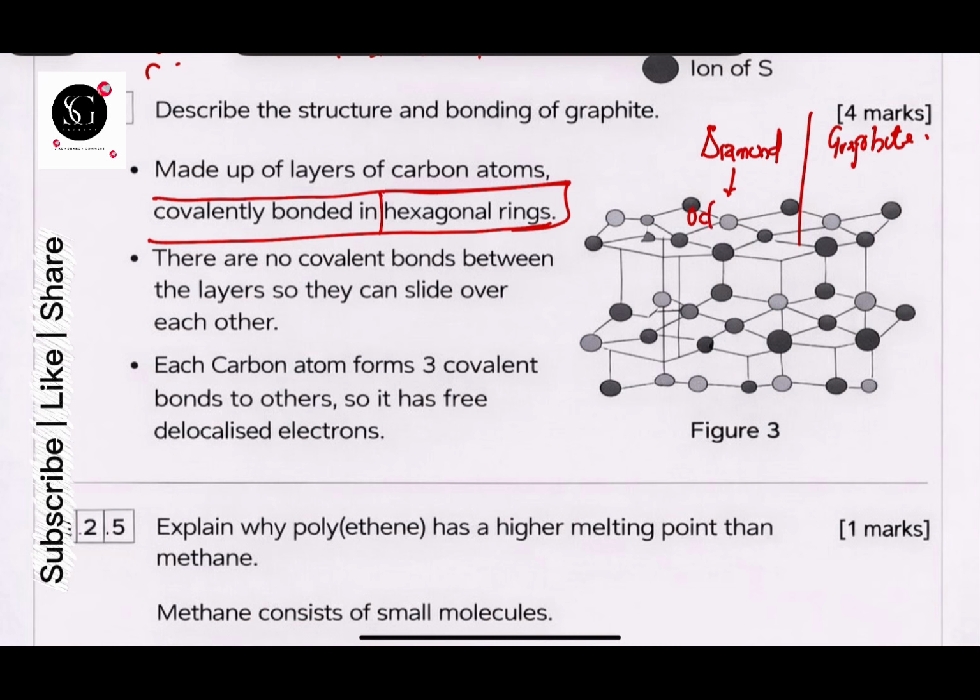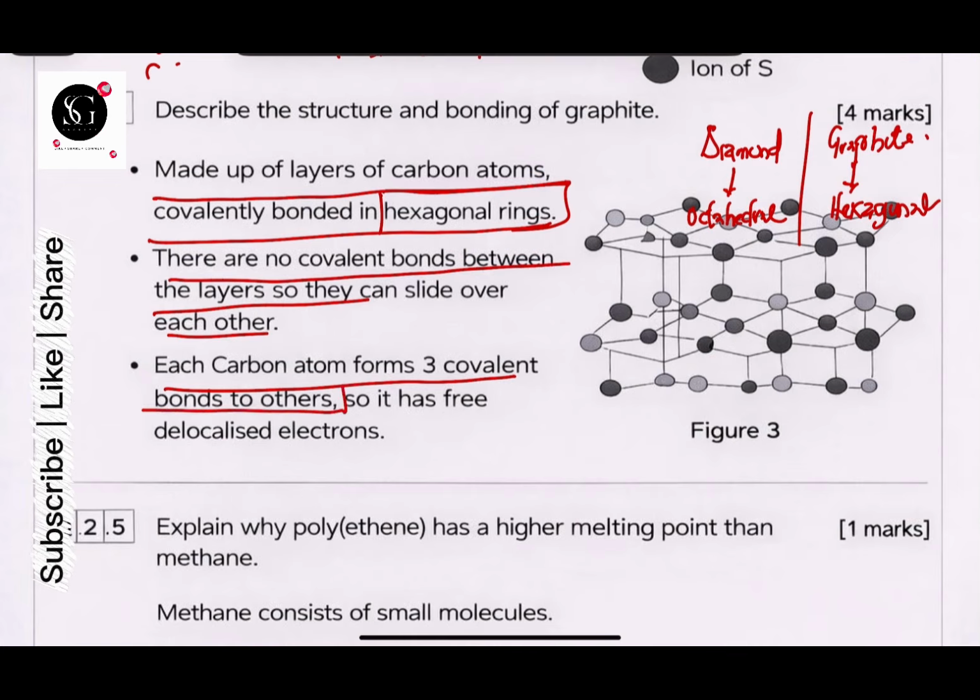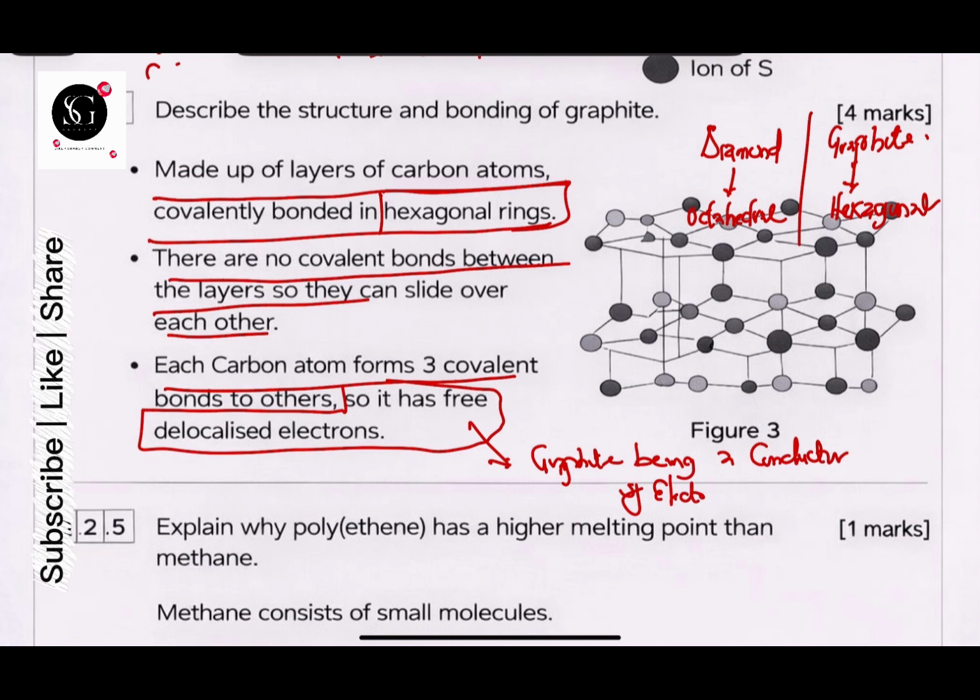The shape of diamond is octahedral, while the shape of graphite is hexagonal. There are no covalent bonds between the layers, so they can slide over each other. And each carbon forms three covalent bonds to others, so it has a free delocalized electron. This free delocalized electron is what is responsible for graphite being a conductor of electricity.